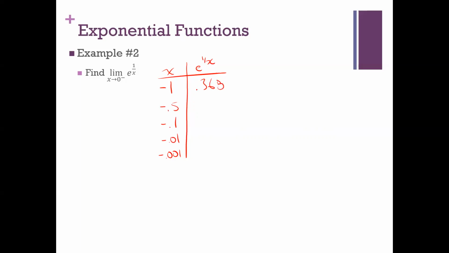How about next one's going to be e to the negative 2, right? So 0.135. Are we already getting an idea? The final output should not be negative.